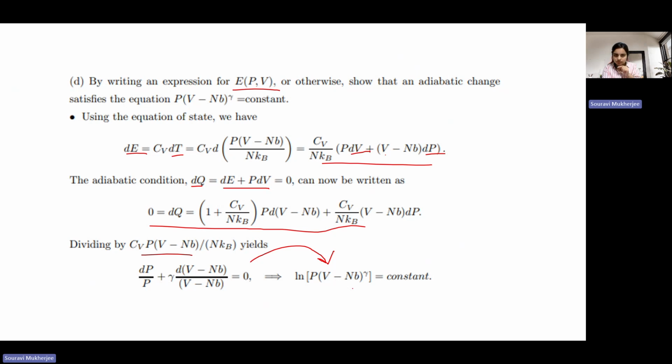That's the first step to solve this question. The rest follows. The rest is just using the condition that it's an adiabatic change, so dq is 0, and then simplifying the equation. That's it. But this is an important decision to make, as to do this substitution.